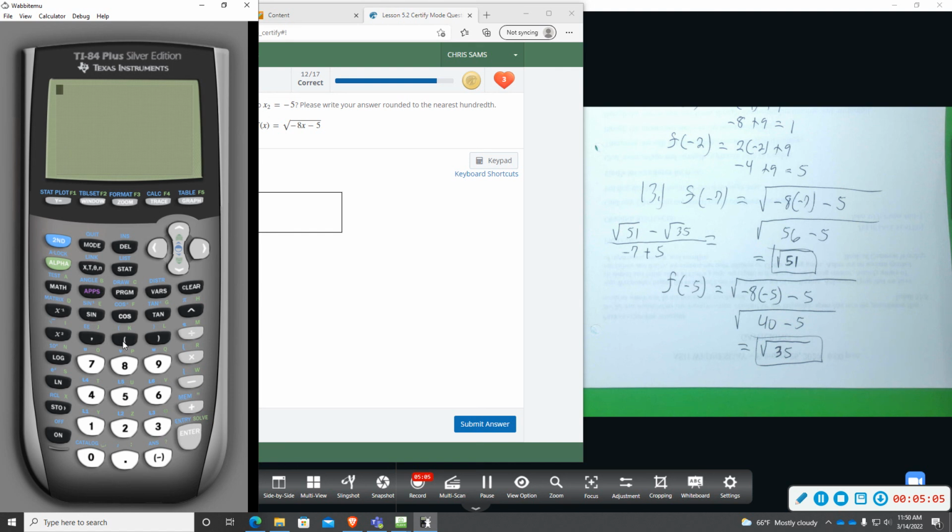And I'm going to do, in parentheses, square root of 51, and arrow out, and then minus square root of 35, and then close parentheses, and then divided by -7 plus 5. And we're getting, let's say, a -0.61.